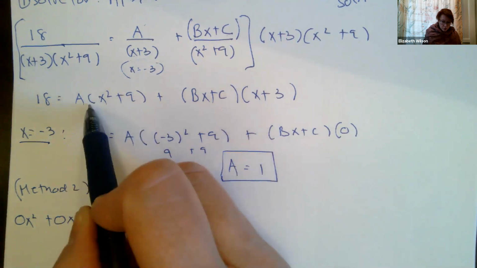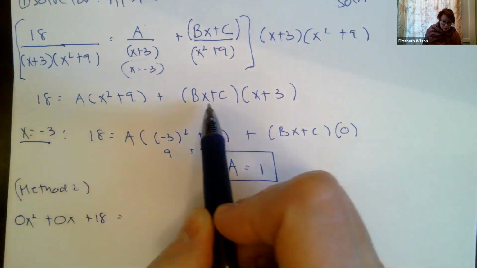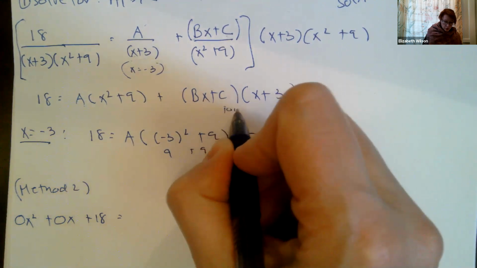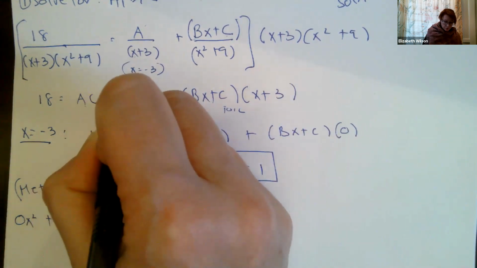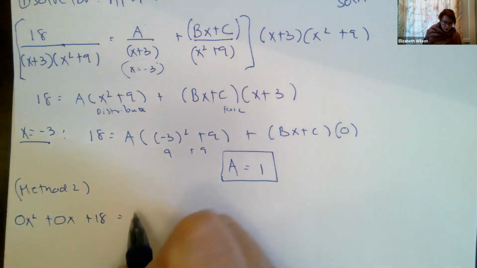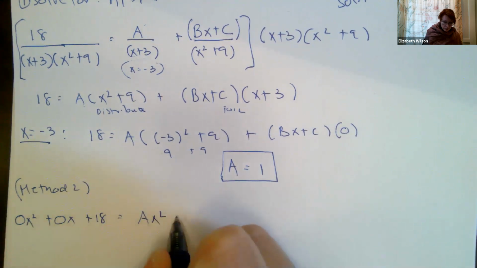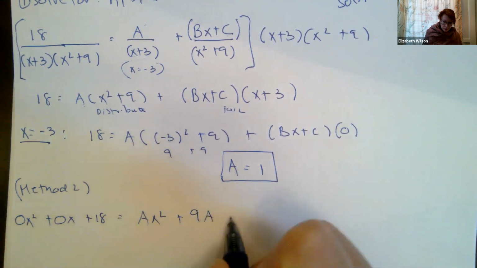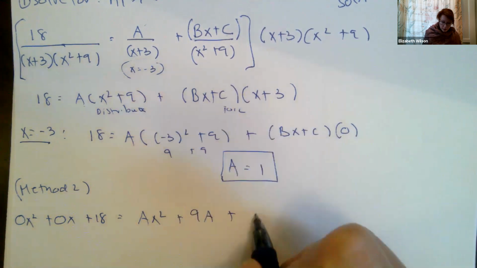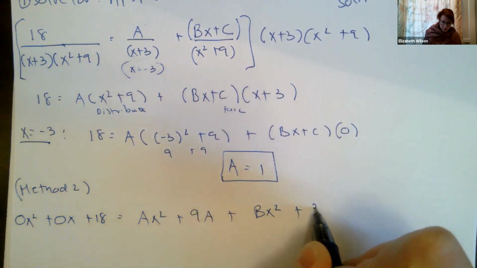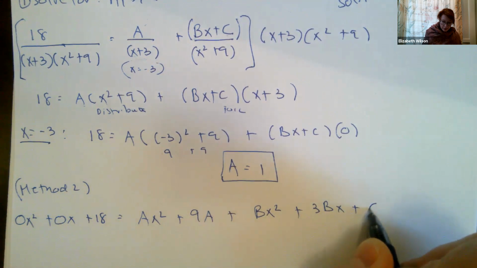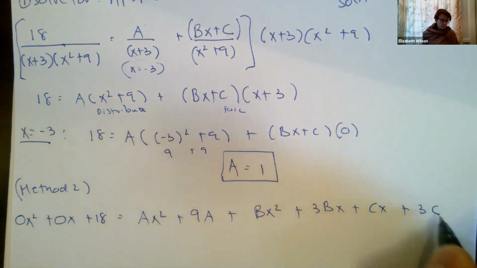I'm going to distribute out my a, and I'm going to FOIL this out. So I'm going to go ax squared plus 9a plus, and we're going to FOIL this out: bx squared plus 3bx plus cx plus 3 times c.